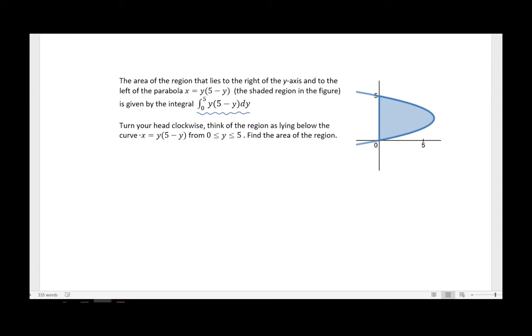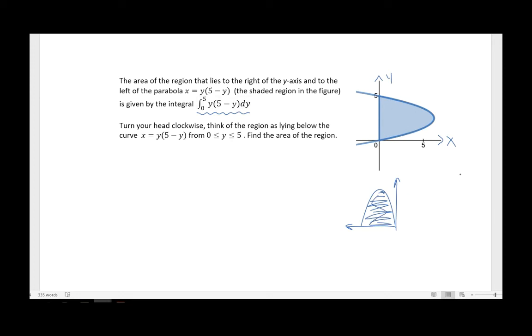A little hint: turn your head clockwise and think of the region as lying below the curve and above the y-axis. Technically this is the x-axis, this is the y-axis, and if we rotate this 90 degrees, we're looking at the area under the curve, if you will, but in this orientation.